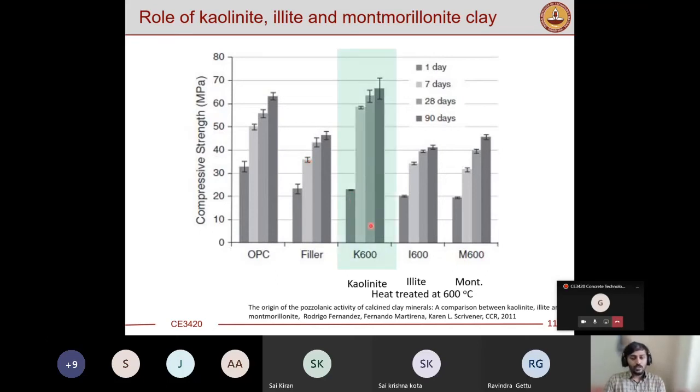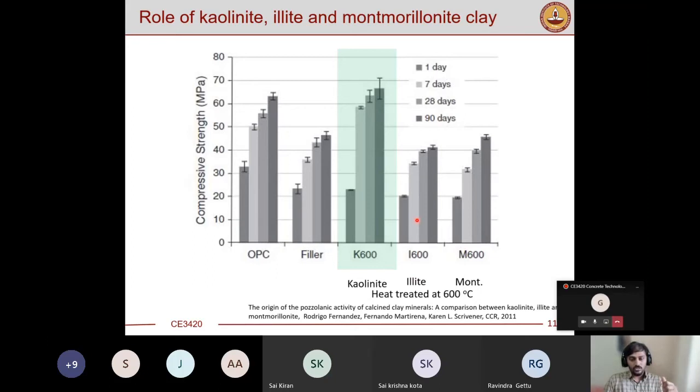Whereas when you add K600, which is a kaolinite clay treated at 600 degrees Celsius, you can see that the strength from 7 days is brought to about a similar range as your plain Portland cement, which shows that the kaolinite clay is reacting, contributing to the reduction in porosity which I talked about initially, and leading to this major rise in strength.